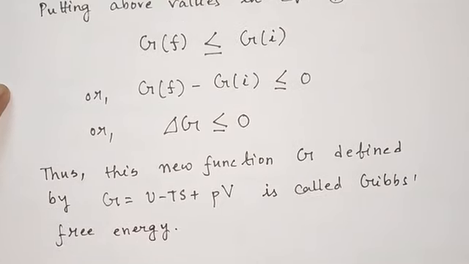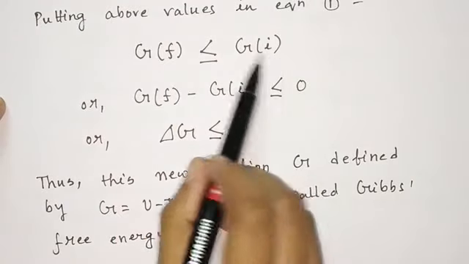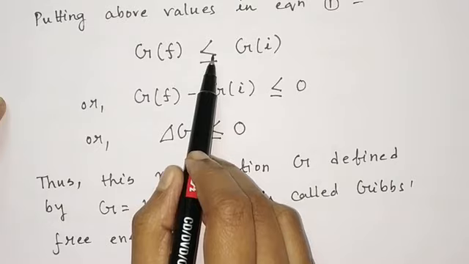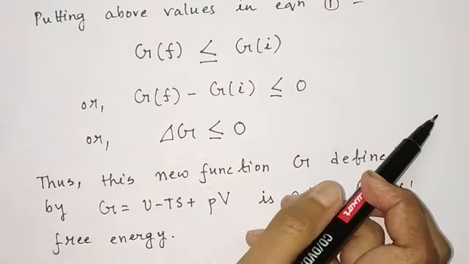And Gf is less than Gi, where this inequality holds for irreversible process and the equality holds for reversible process as usual.